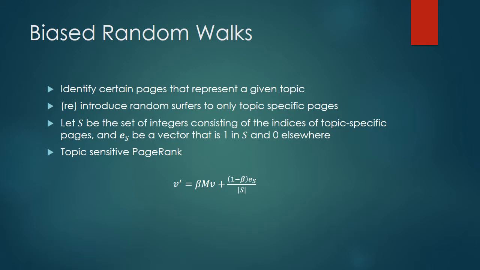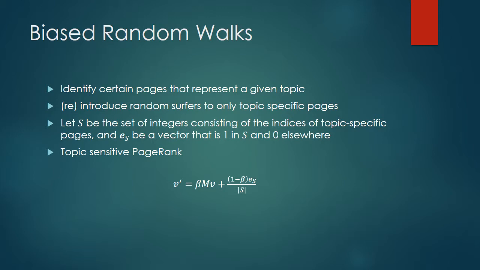Earlier on, Yahoo used to have these directories of web pages, I think it's being closed now. Based on those topics, or based on those classifications, we can figure out which of these web pages correspond to these specific topics, and then use those to reseed our random surfers, right?